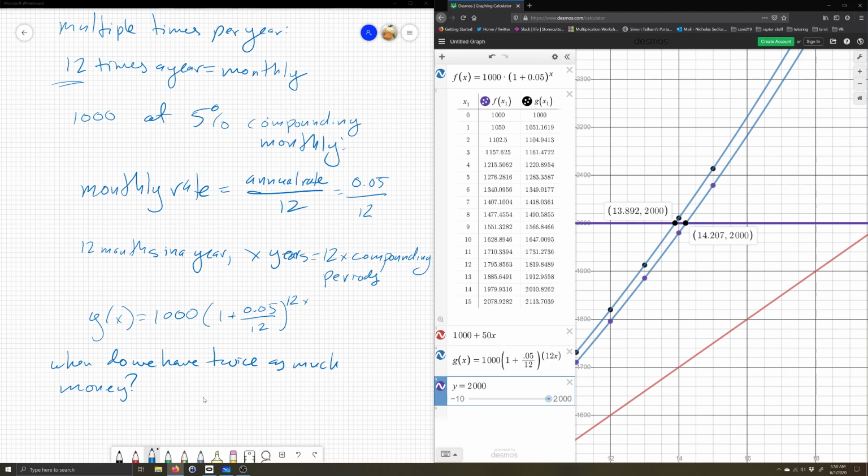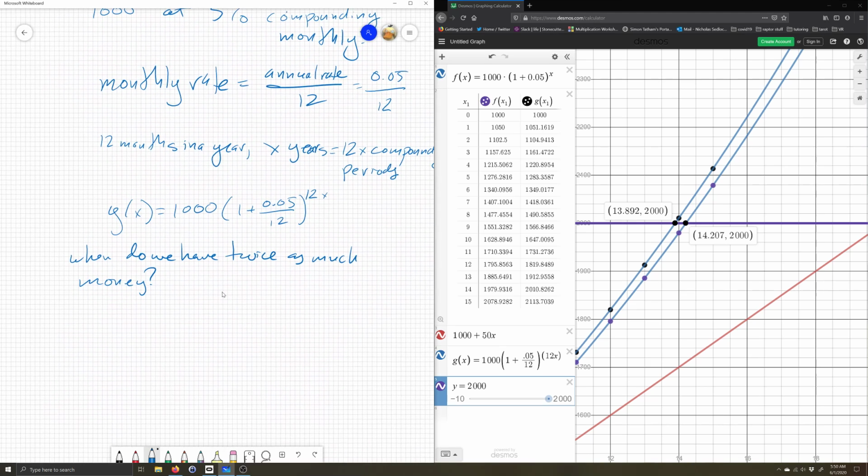Not much difference. The general formula here is if we compound n times a year, we get a function f of x equals the principal times 1 plus the rate of interest divided by n to the nt.